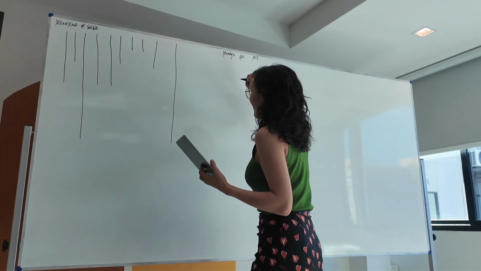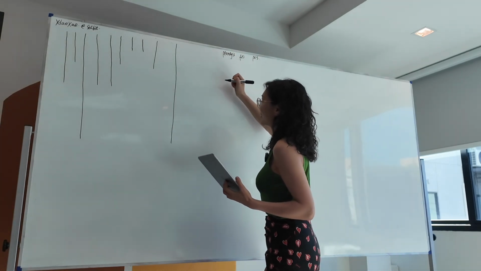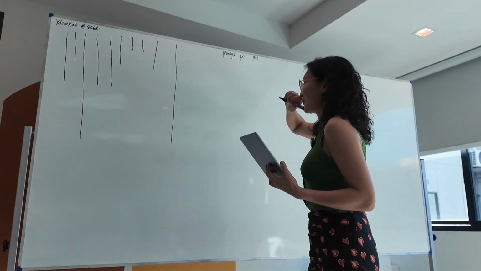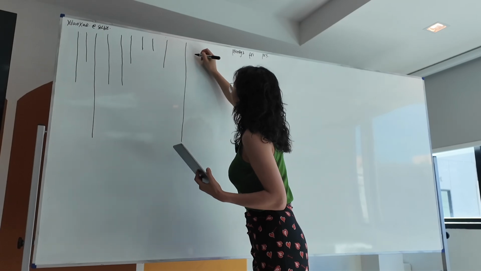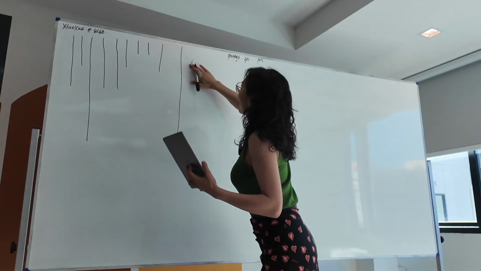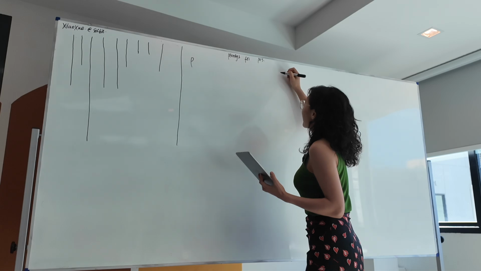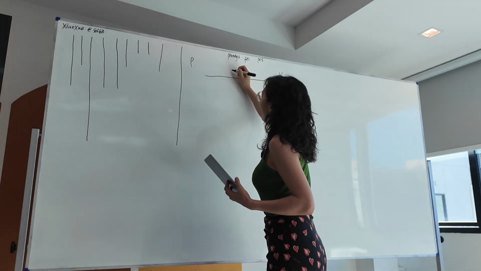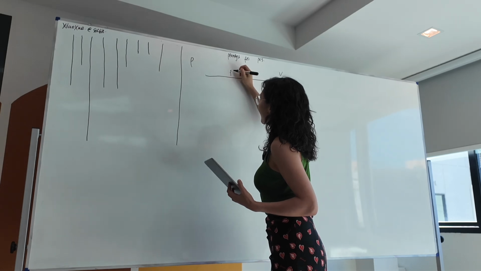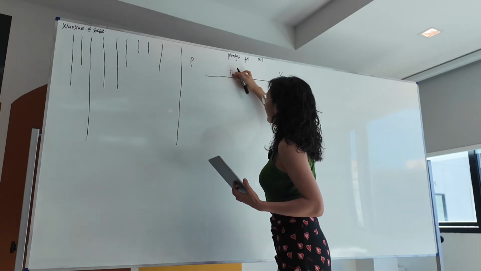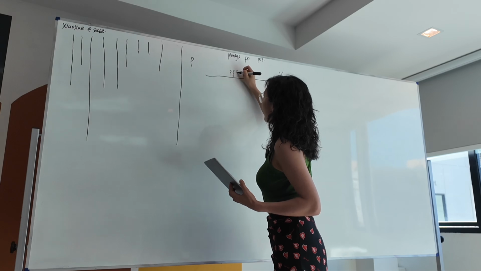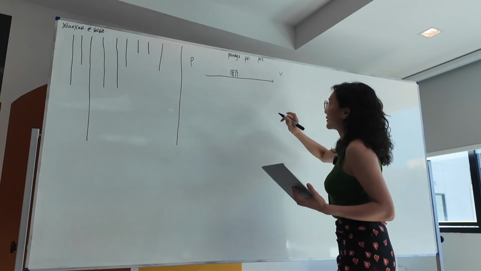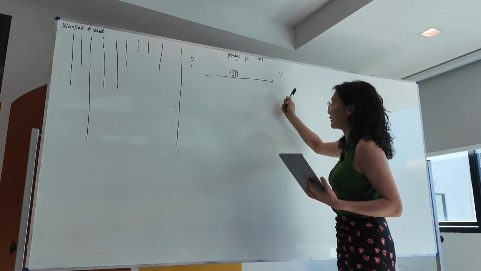First, the prover will commit the input polynomial to the verifier. Okay, let me write here: prover, verifier. Input polynomial, send the commit to the verifier.